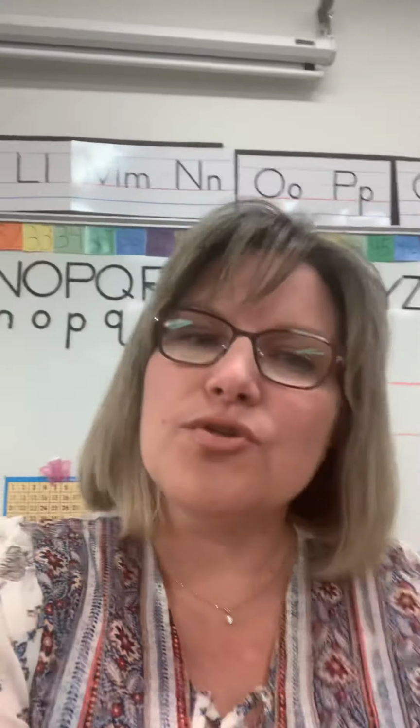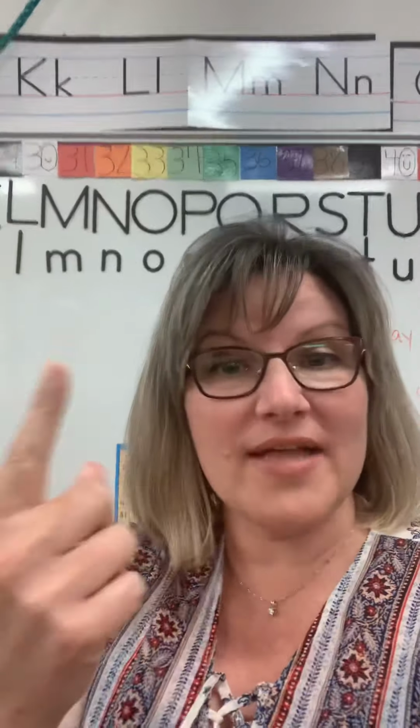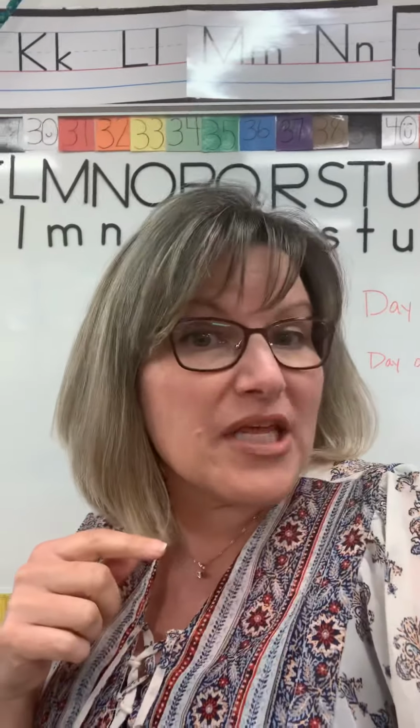You could even do 2 different actions. You could do 8 push-ups and 1 spin. Let's try that really quick, okay? 1, 2, 3, 4, 5, 6, 7, 8, and 1 twist and turn is 9 actions. We did 9 actions. Very good.